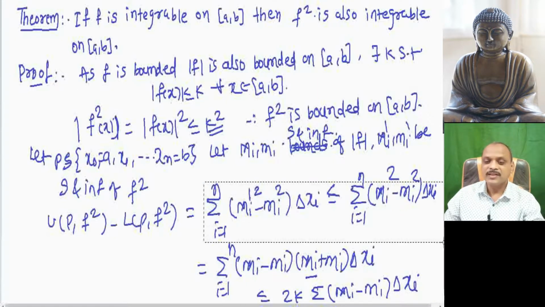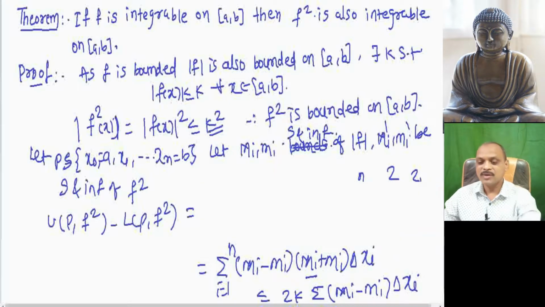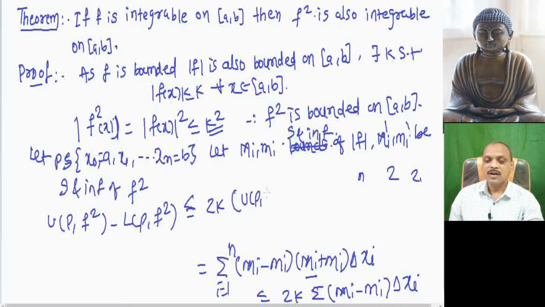But then what is this? Capital Mi minus small mi gives the upper sum of mod f. So this is less than or equal to 2k into the upper sum of the function mod f minus the lower sum of the function mod f, right?